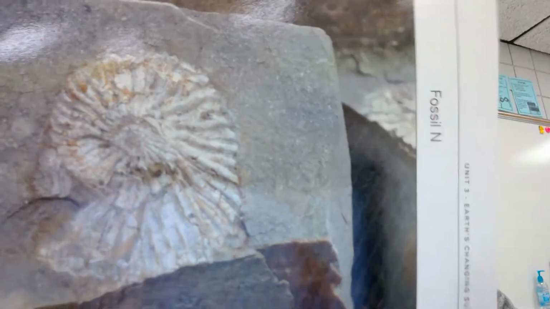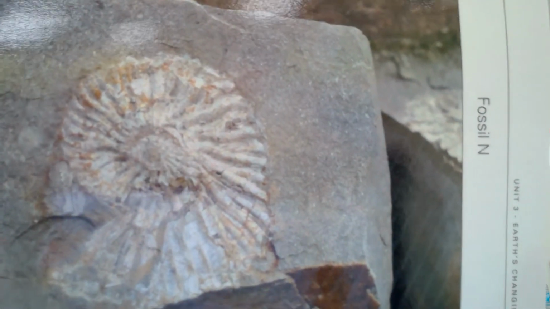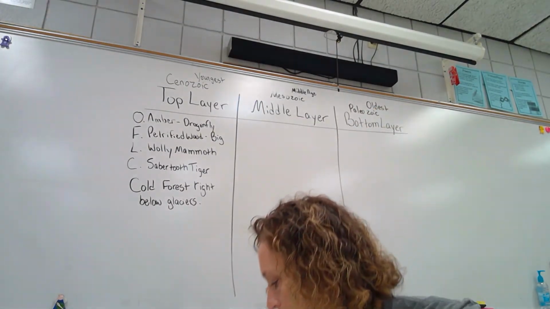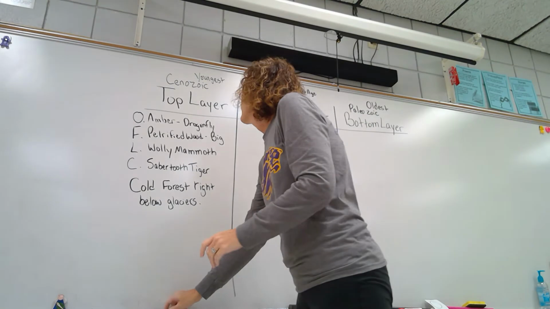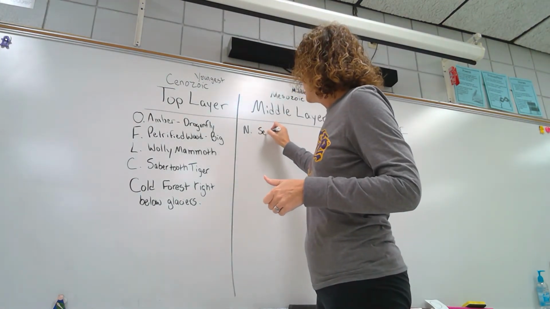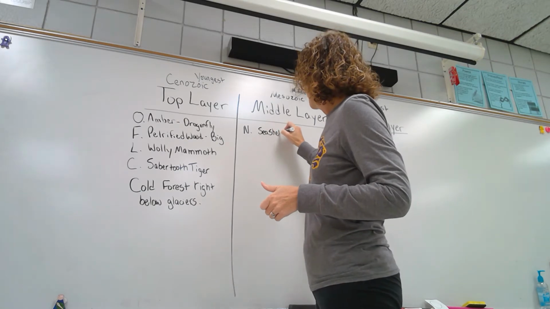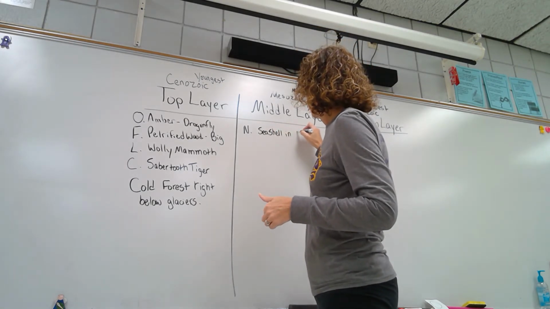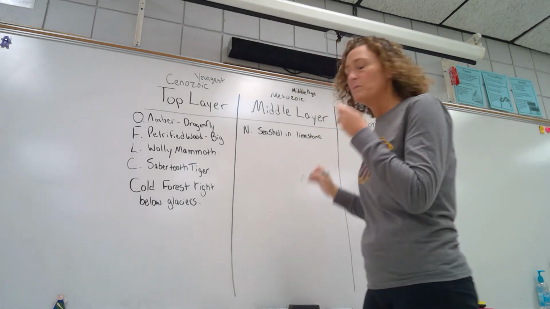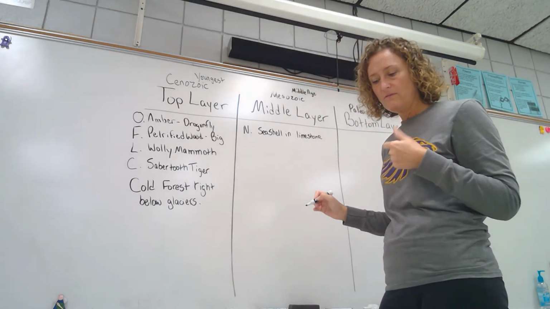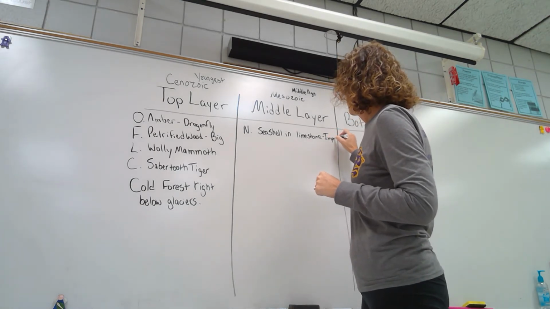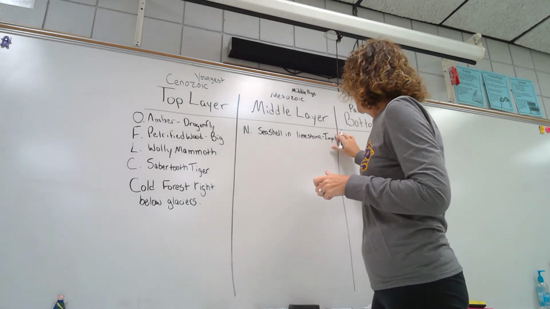Okay, so I am going to write down fossil N. Seashell in limestone. And if you can remember from the type of fossil that we have, that is an imprint. So I'm going to write that it's an imprint fossil. Ooh, need an N there.